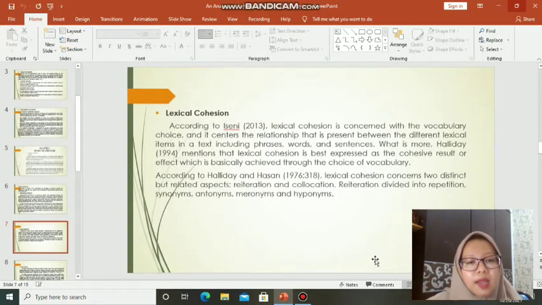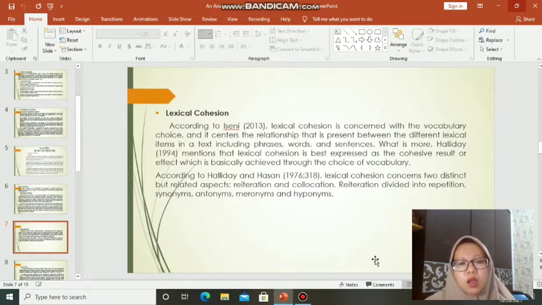While lexical cohesion, according to Ishani, 2013, is concerned with vocabulary choice, and it centers on the relationship that is present between the different lexical items in a text, including phrases, words, and sentences.